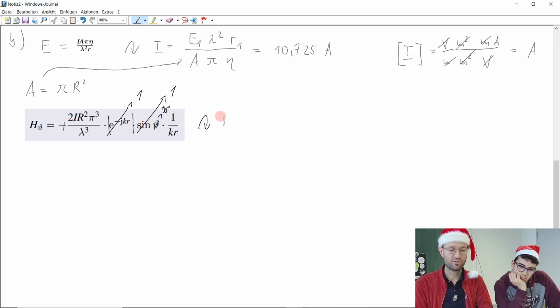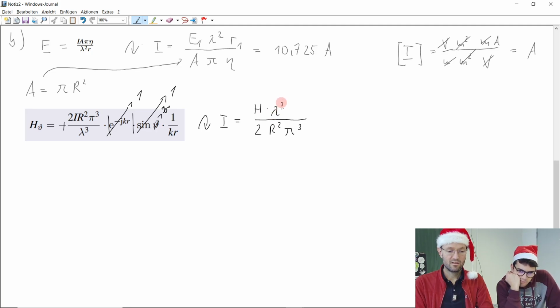So if we convert this into current, then we need to divide by 2 r squared pi to the power of 3, and we need to multiply our H with lambda to the power of 3 with k and r.